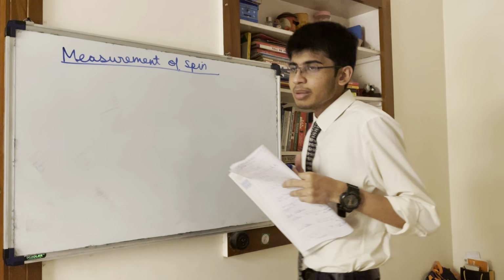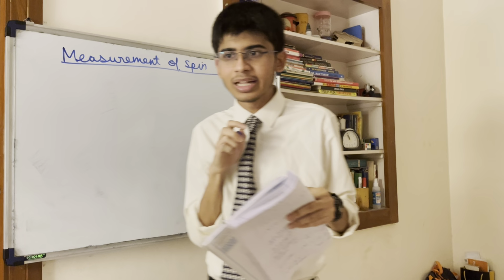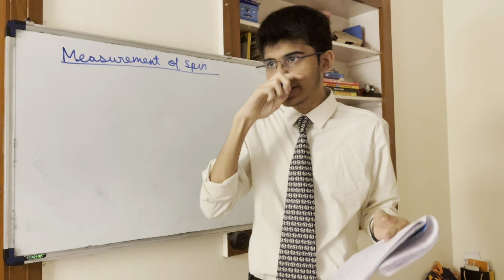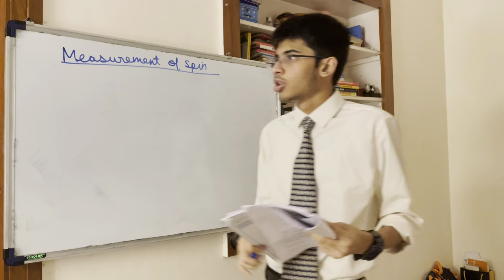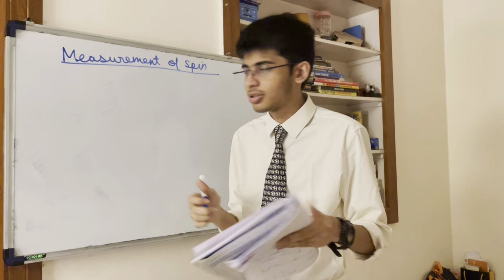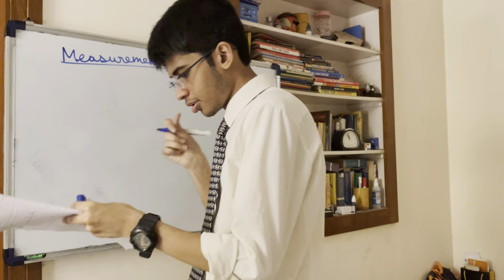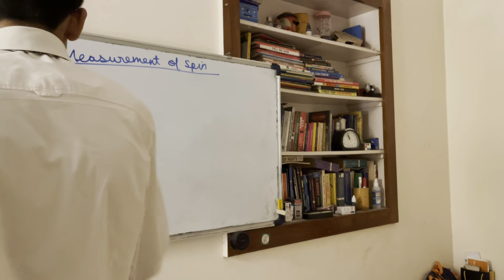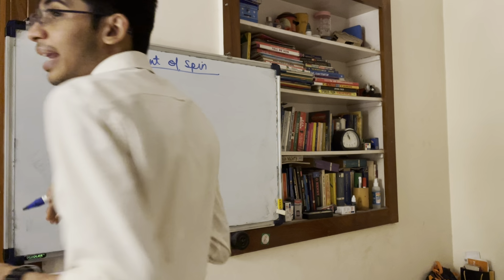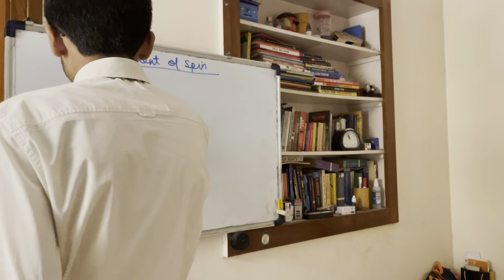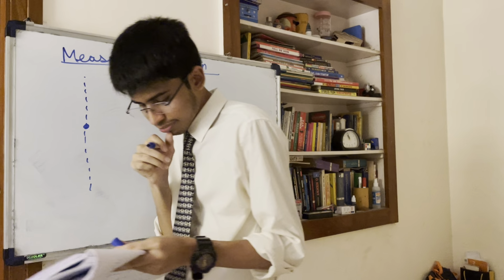Whenever we measure spin, for now at least, let's take one particular axis along which we measure the spin. So let's take the z-axis. If I draw the z-axis, let's say this, and let's take an electron to be here.